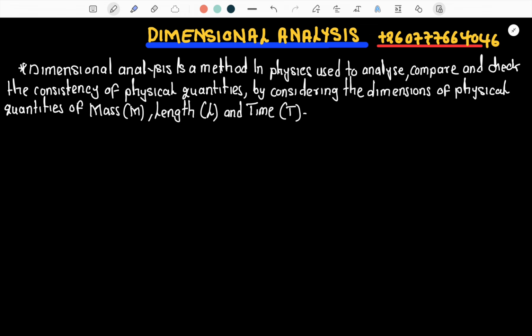Now, dimensional analysis is simply a method in physics which we use to analyze, to compare, and also to check the consistency of physical quantities by considering the dimensions of three physical quantities: the mass, the length, and the time. Let's go deep to see some examples of dimensions.